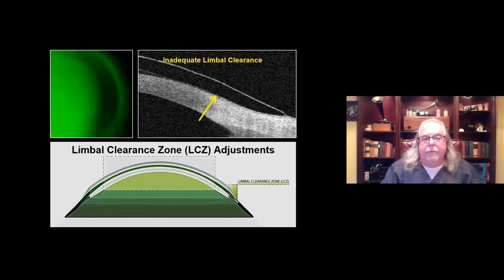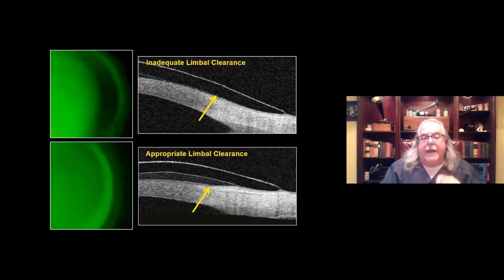So here we're going to begin first on the outside and work our way inward. We're going to create our desired limbal clearance, and now that is going to lift the entire contact lens off of the eye.